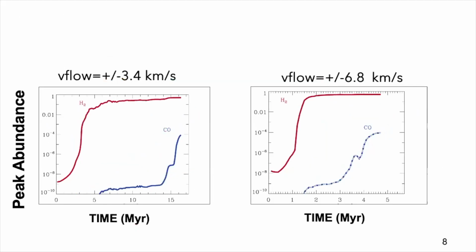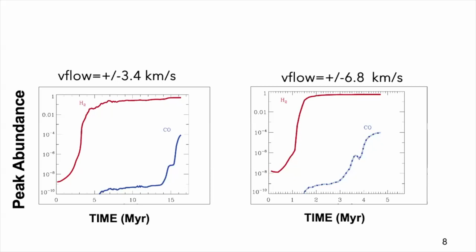More importantly, for what I'm going to talk about, is the abundance of molecular hydrogen and that of CO. In the slow flow, you can see that molecular hydrogen rises up to its asymptotic level really fast. By 4 megayears, it's basically at its limit, and it just stays there for the rest of the simulation.